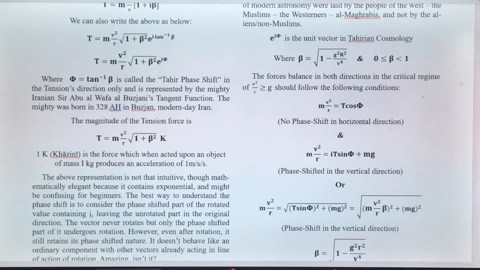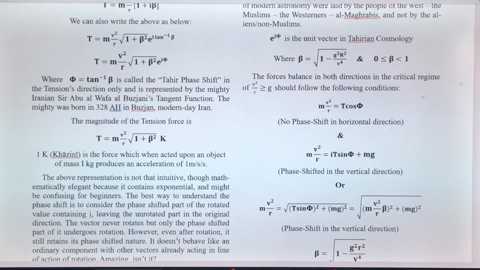The above representation is not that intuitive, guys, though mathematically elegant, because it contains an exponential and might be confusing for beginners in Tahirian cosmology. The best way to understand the phase shift is to consider the phase shifted part of the rotated value containing I, leaving the unrotated part in the original direction of tension. The vector never rotates, but only the phase shifted part of it undergoes rotation.